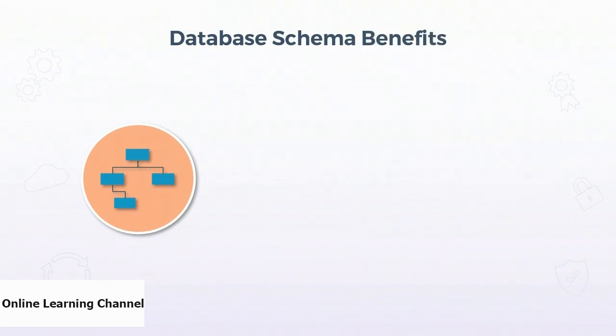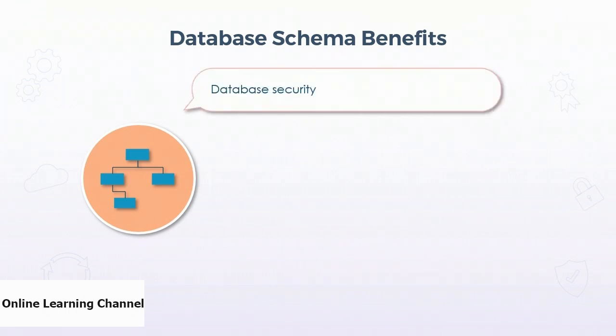So what are some benefits of using a database schema? Database schemas are an effective method for grouping tables that are related. And again, like we said before, they're great for use in multi-tenant environments. Some advantages of using a schema include database security. Security permissions can be created and assigned for database objects based on a user's access rights.